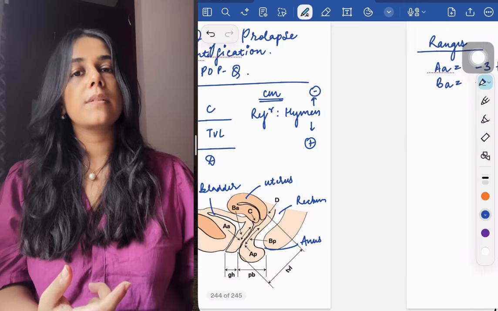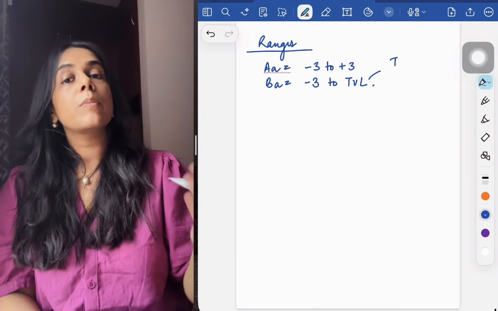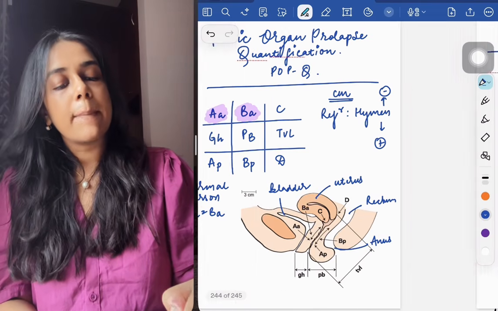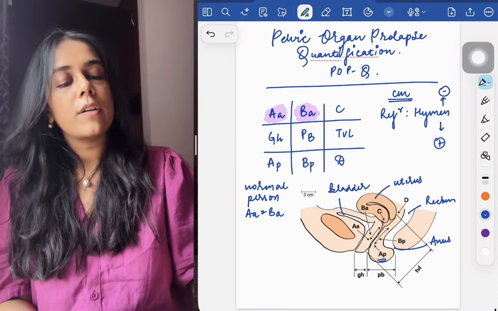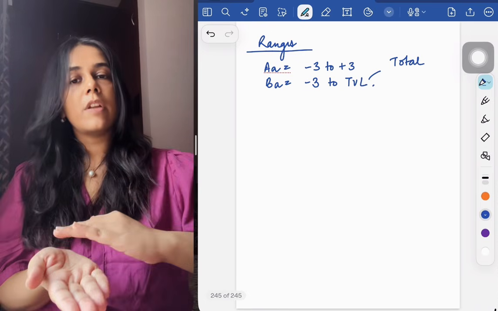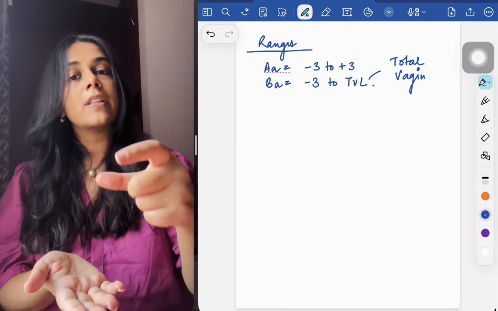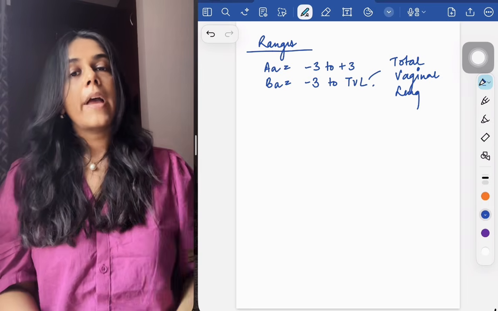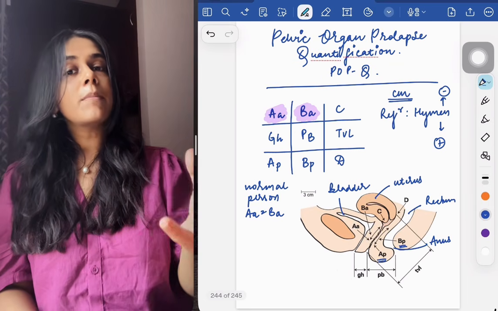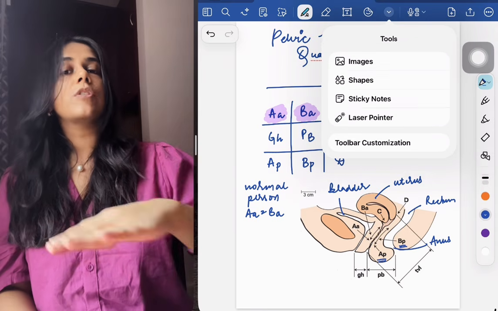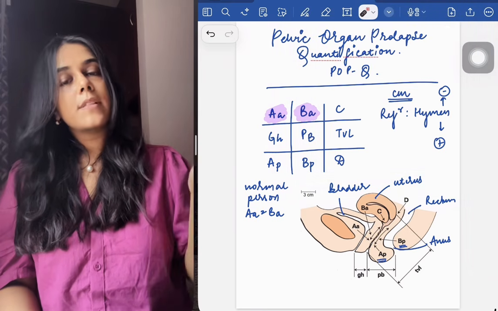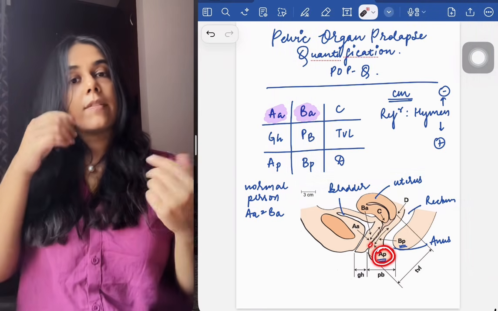Similarly, there are 2 other points on the posterior wall, called the AP and the BP point. In a similar way, in the posterior vaginal wall, AP is a point 3 cm above the hymen and BP is the maximum dependent point in the posterior vaginal wall. In a normal person, BP will be equal to AP because there will be no prolapse.